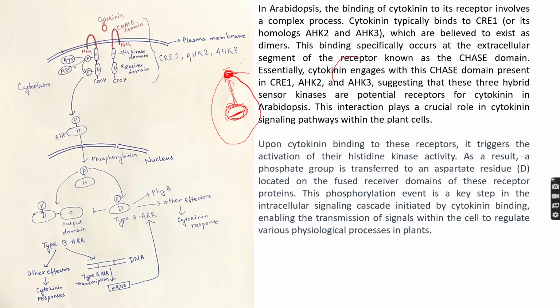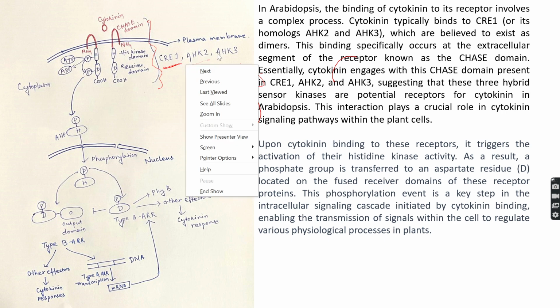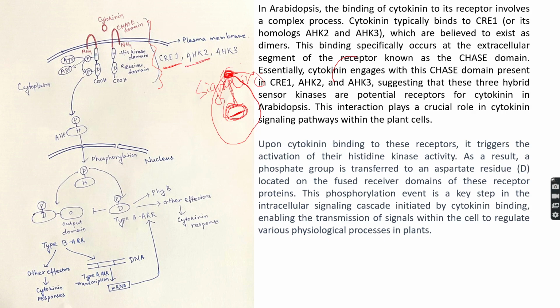This whole process is called signal transduction, or in other words, signaling. Here in cytokinin signaling, one receptor is there. We call it CRE1, and there are a number of homologs of it, some are AHK2 and others AHK3.